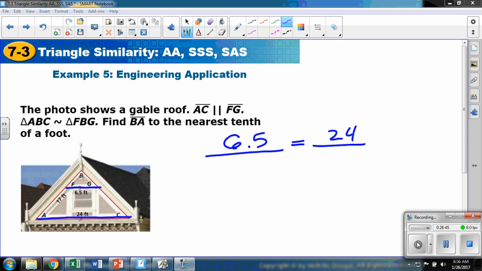We're trying to figure out the length of BA. BA is the entire left-hand side. Since it's the entire side, it needs to go with the big triangle, not the small one. And of course, that means it's going to match up with the left-hand side of the small triangle, which is BF.